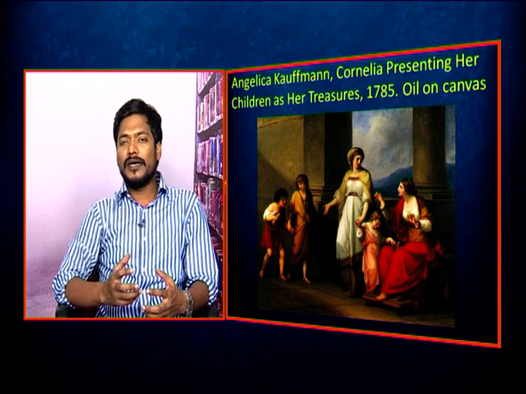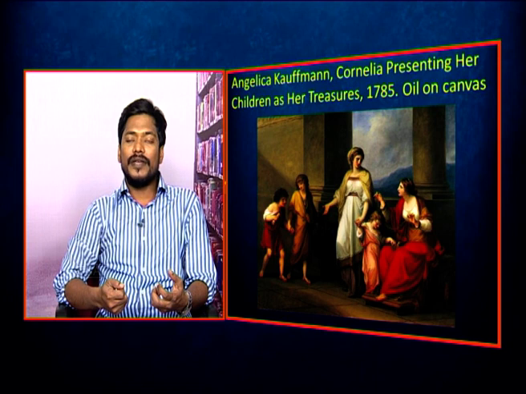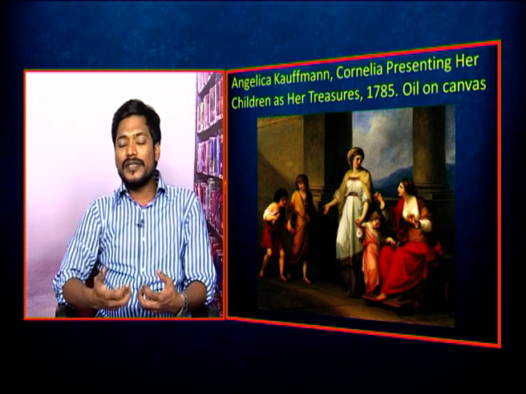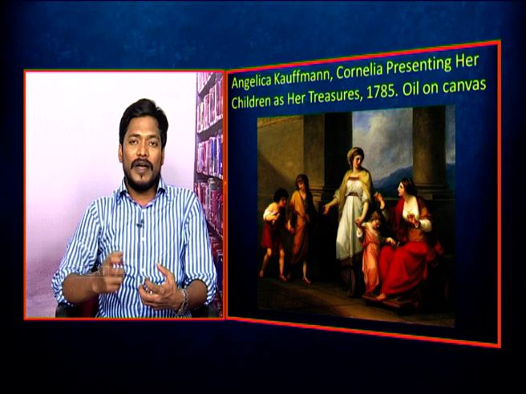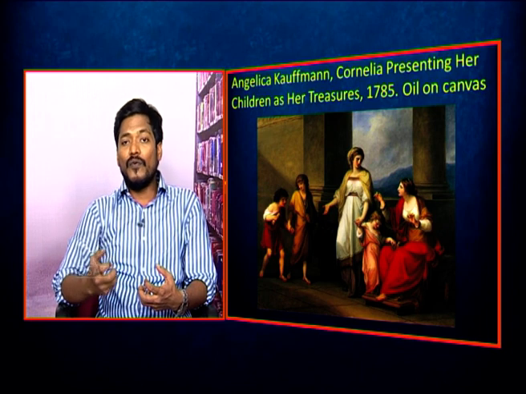So, here the mother is showing her sons as her wealth. Here it is about virtue, the virtue in which the sons are raised, but not about the jewelry. The value and the wealth is invested not in material jewelry, but in the value of the virtues.